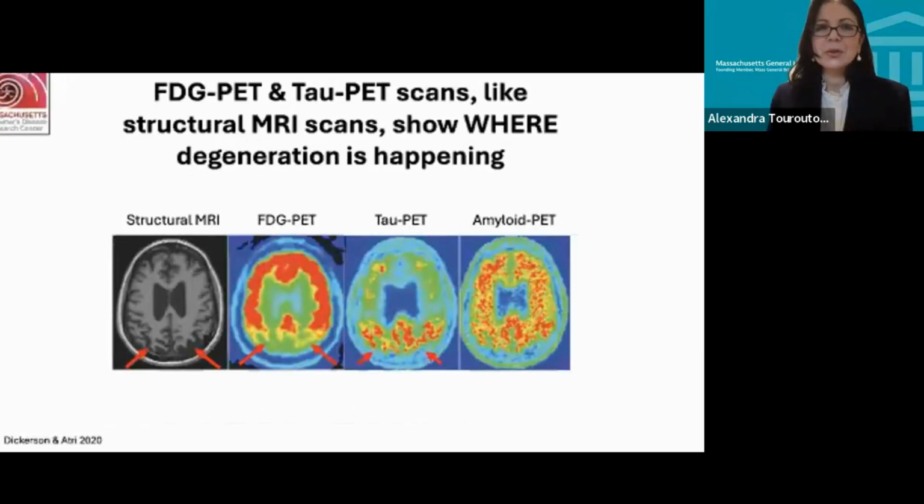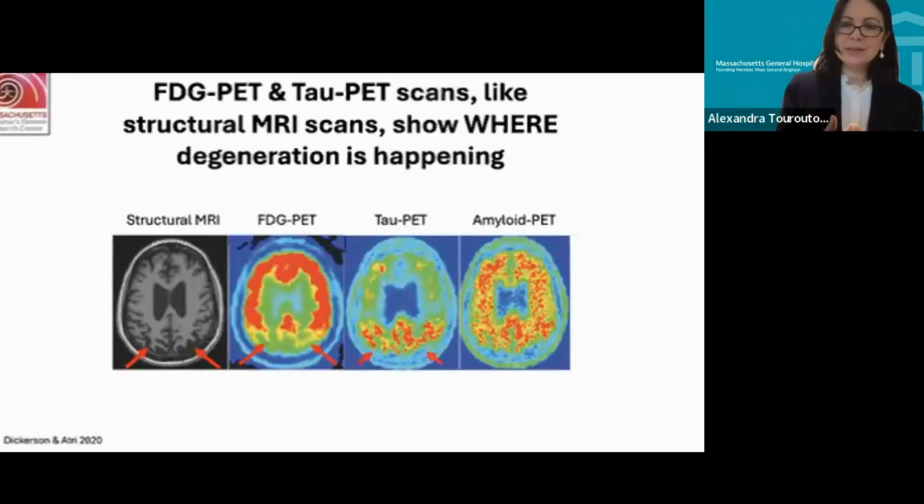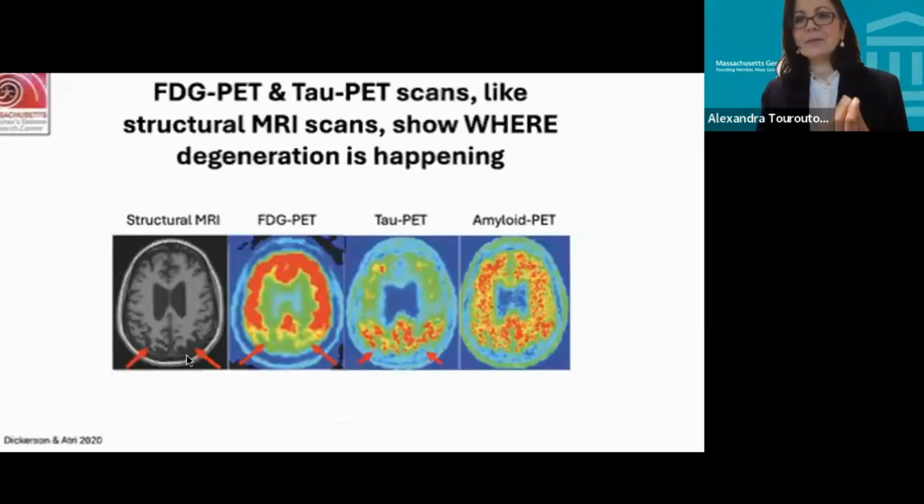I wanted to show here, just to bring together the structural MRI and the PET scans, one example of someone who has Alzheimer's disease. You can see here with the structural MRI and the red arrows, these are the areas where you see the blackness, the holes, the areas where it shows shrinkage, and it is at the back of the brain.